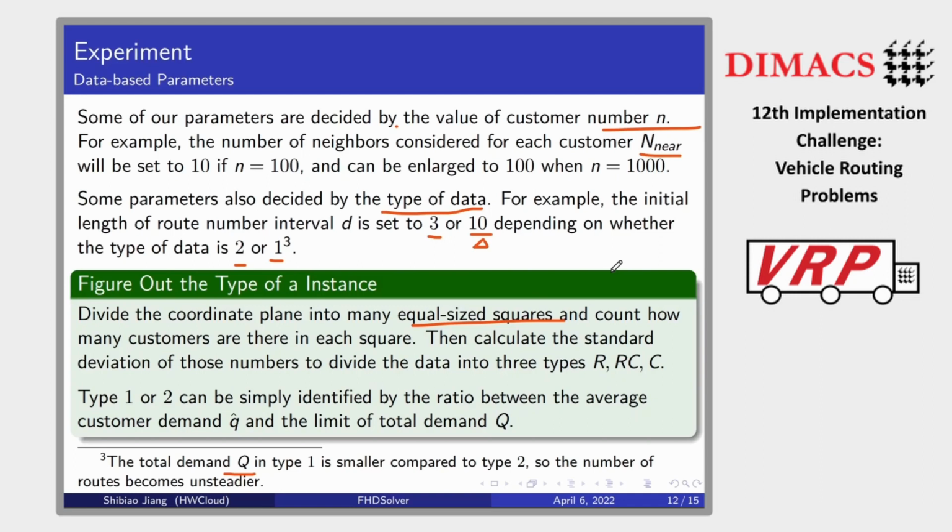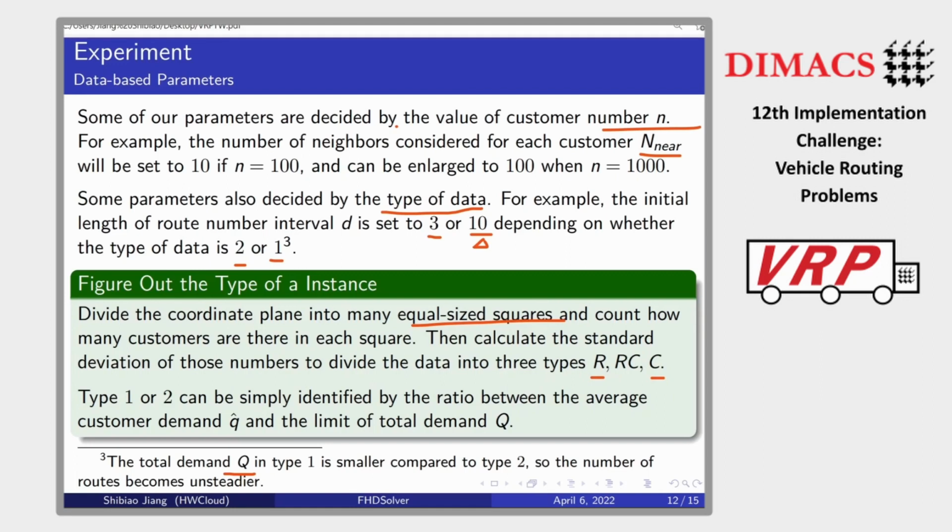You can imagine that random has the least standard deviation and cluster has the largest. And type 1 or 2 can be simply identified by the ratio between the average customer demand and the limit of the total demand.